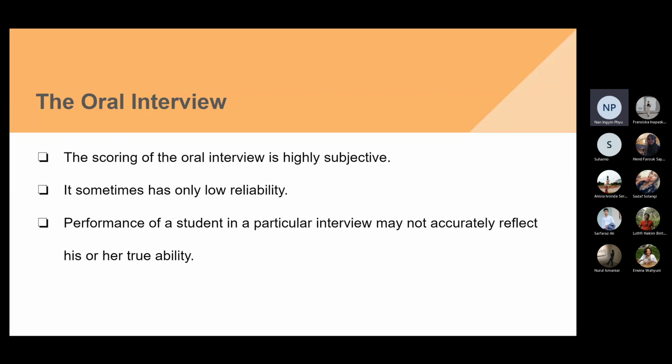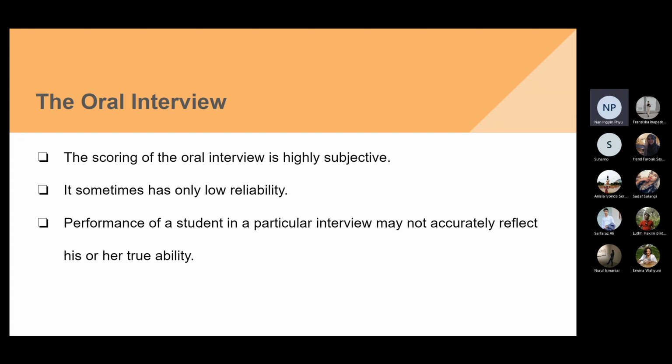Reading, writing, and listening can be objective. But we can also say the oral interview has a kind of low reliability when we compare it with other types of speaking tests. The performance of a student in a particular interview may not accurately reflect his or her true ability.